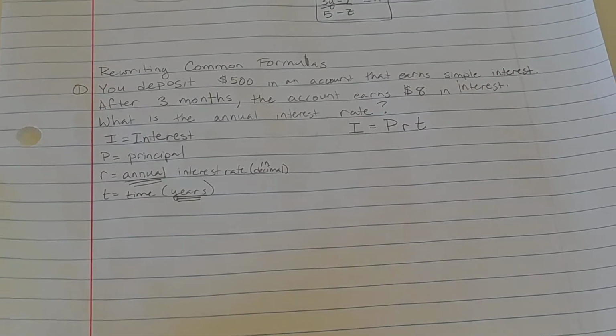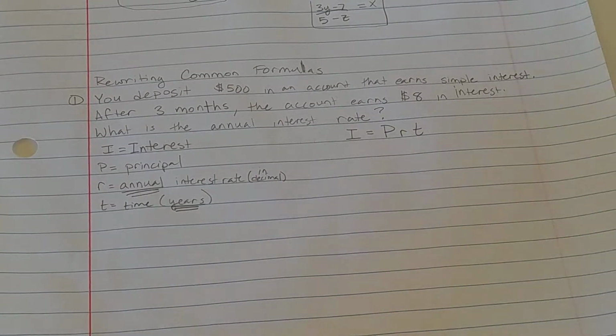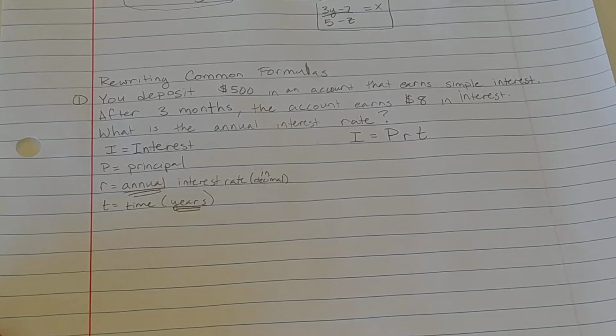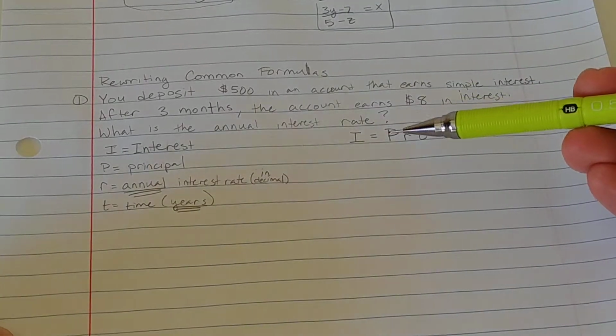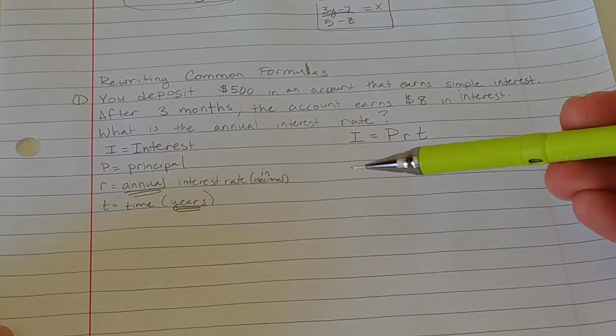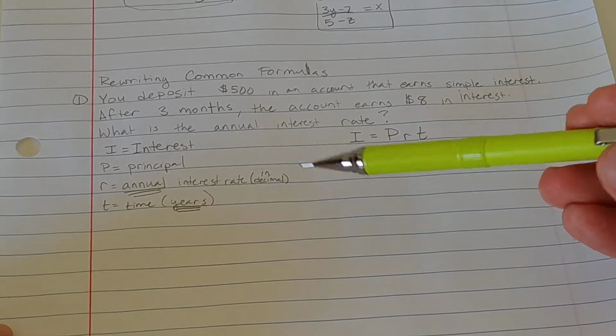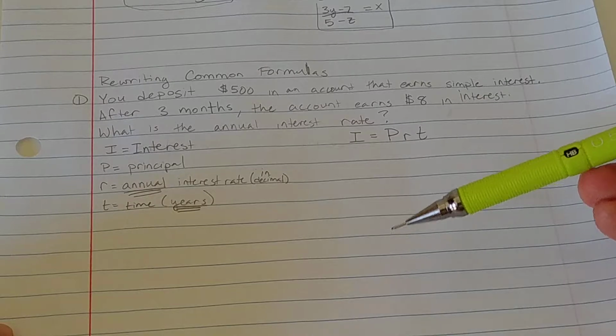And in those classes, you'll have to solve for different variables in those equations. So let's give you one. One of the common formulas that you'll see in economics is for simple interest.